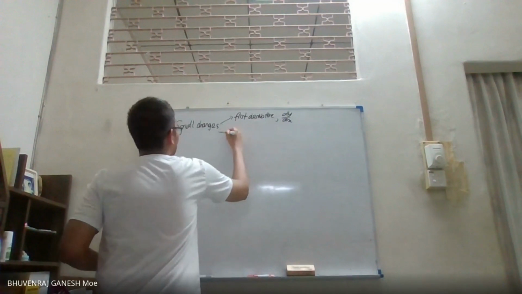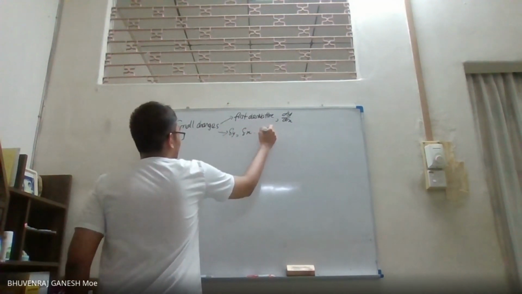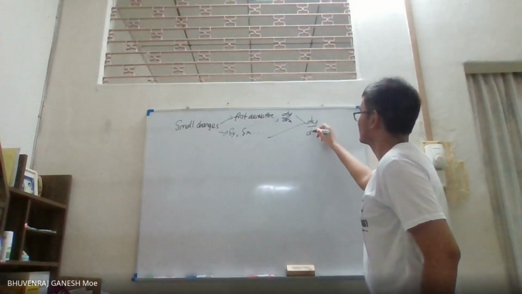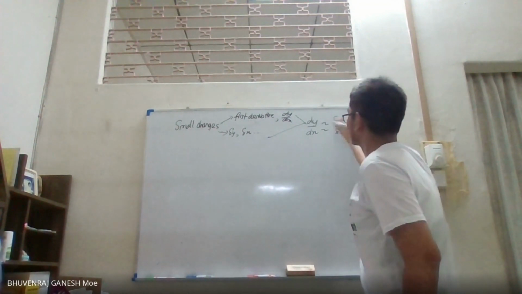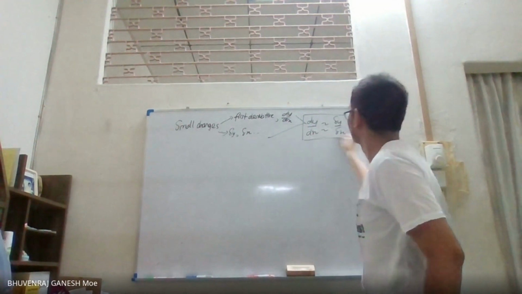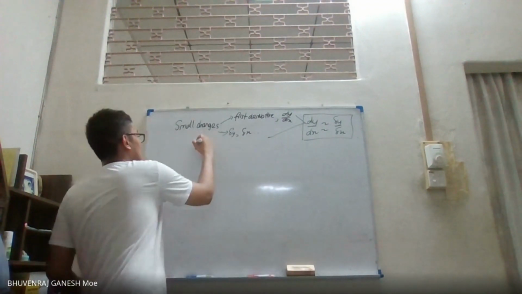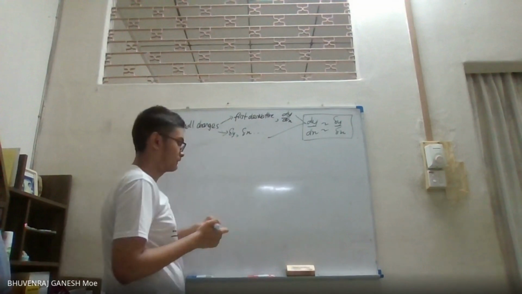Then you must know delta y and delta x. These two will come from the formula dy over dx is equivalent to delta y over delta x. So it's basically just multiplying fractions to one another, and then you find the variable that is wanted.